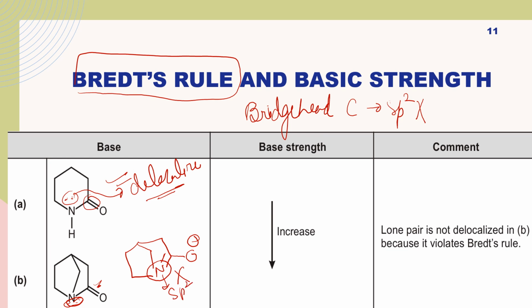If we do like that, it will violate Bredt's rule, which is not possible. So we can say the lone pair present on the nitrogen atom of the second compound is a localized electron, so it can donate easily. That's why compound B is more basic.